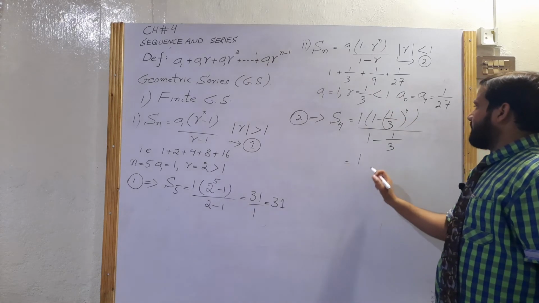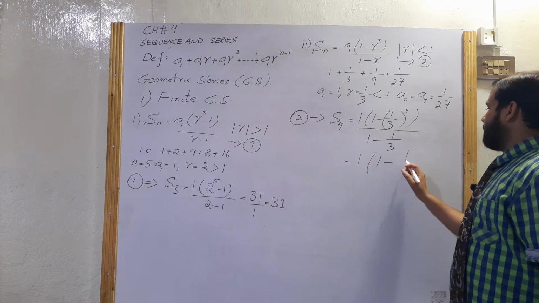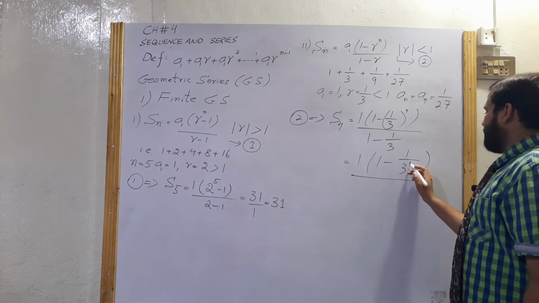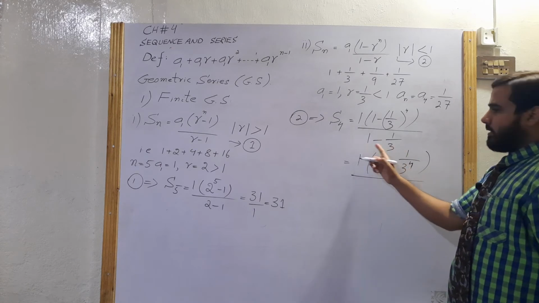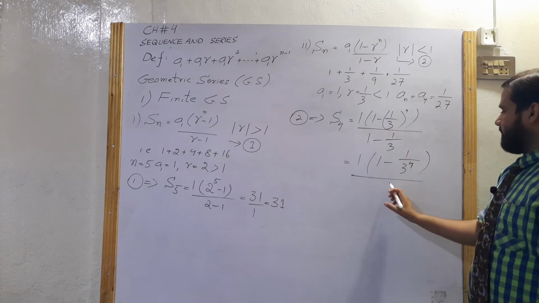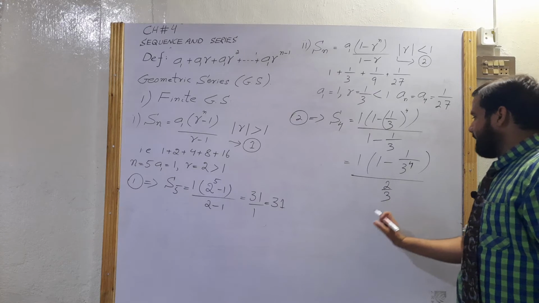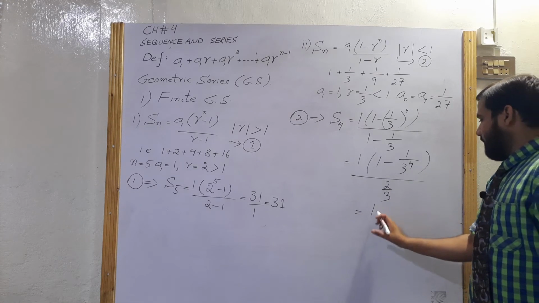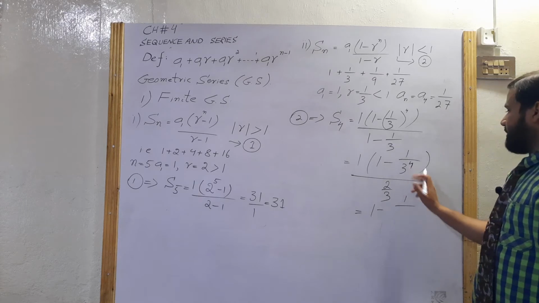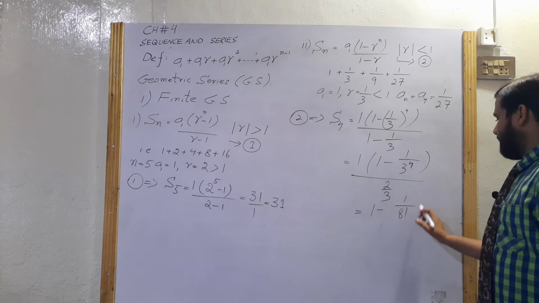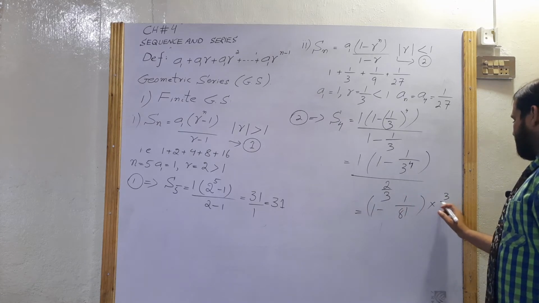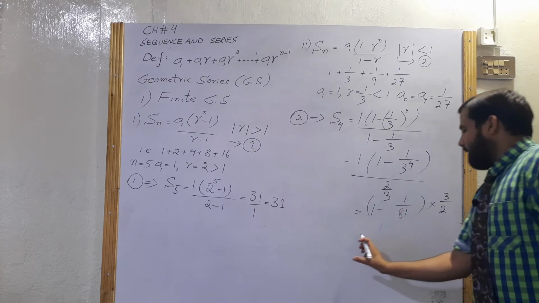After simplification, this is 1 minus 1 over 3 raised to power 4, divided by 2 over 3, with 3 raised to power 4 being 81, and this can be written as 3 over 2.